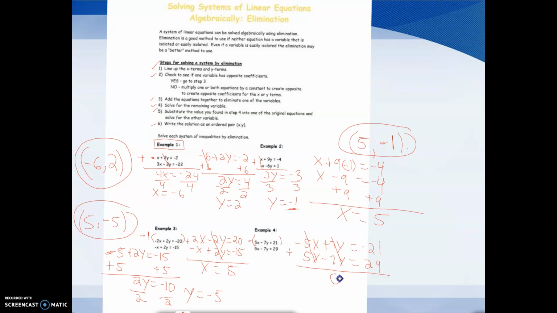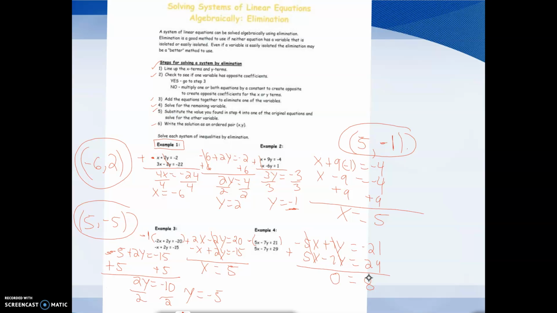So I have 0 equals, well, what's that? Negative 21, and that was a 29. So I believe that would be 8, right? Now this should look familiar to you, right? Variables canceled out. And the final equation does not make sense.